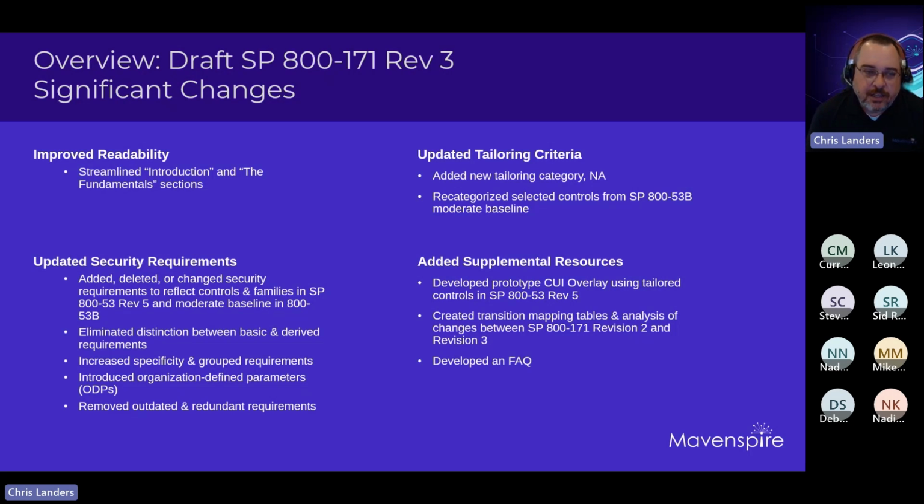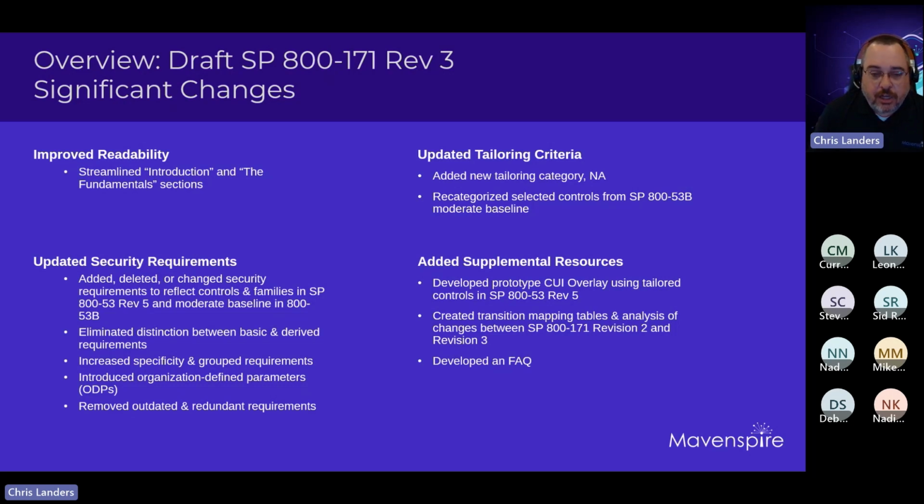A lot of what was in Rev 1 and Rev 2, there are some things that can easily be interpreted as suggestions. There's a lot more clarity in Rev 3 around these things being requirements as a foundational requirement. So a lot more clarity in what is and what isn't required.